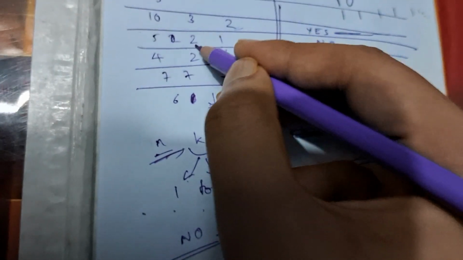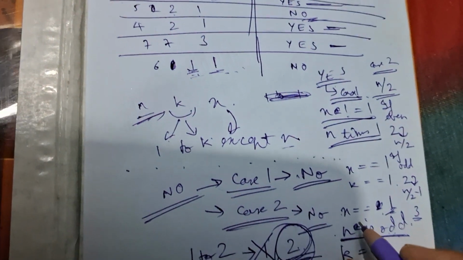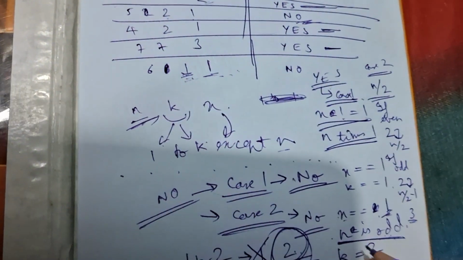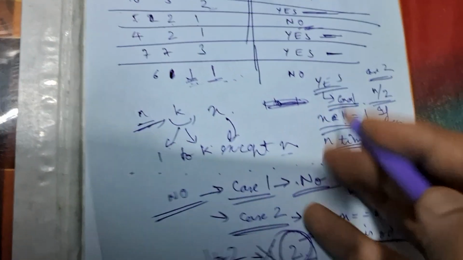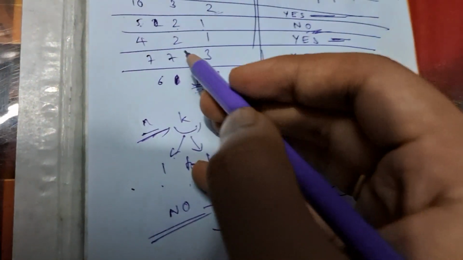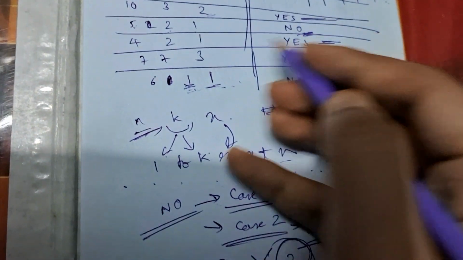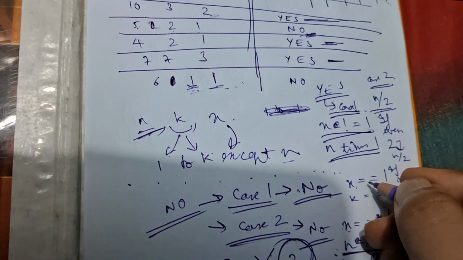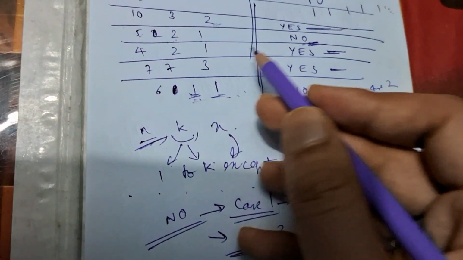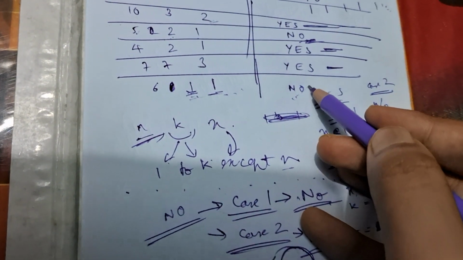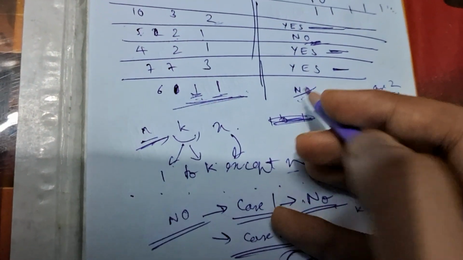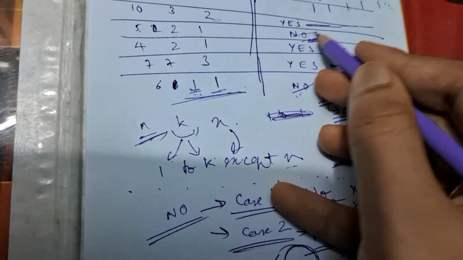Because see, this is 1, 2 and 5. x is equal to 1, n is odd, yes, and k is equal to 2, yes. So this is a no. This is a yes, because it is not x equal to 1 and k equal to 1. Nope, that is for the last case. So this case is no. These three cases are solved.